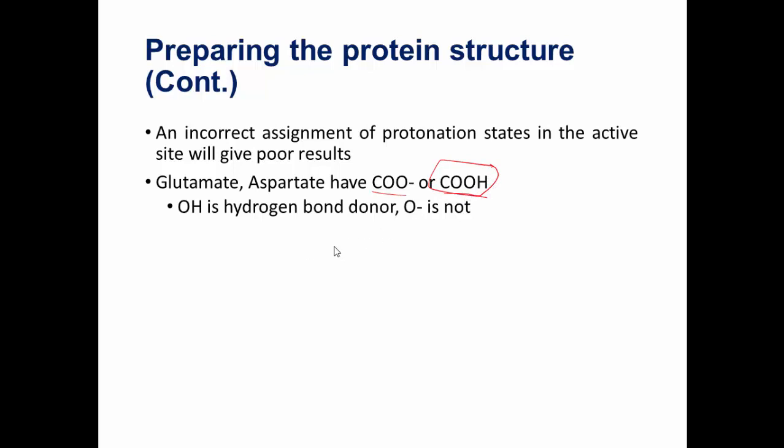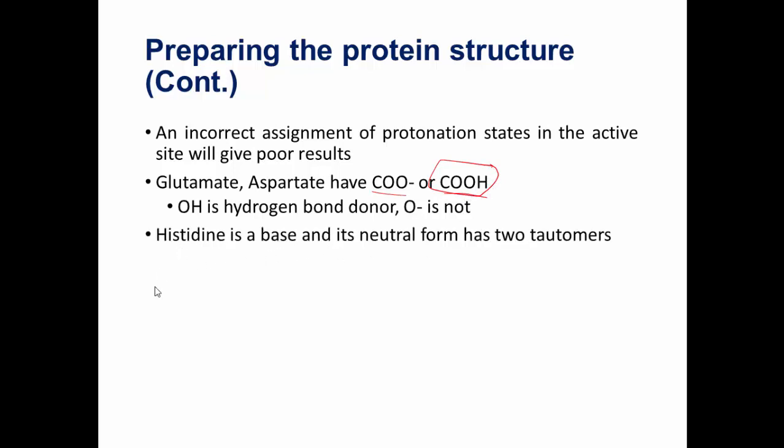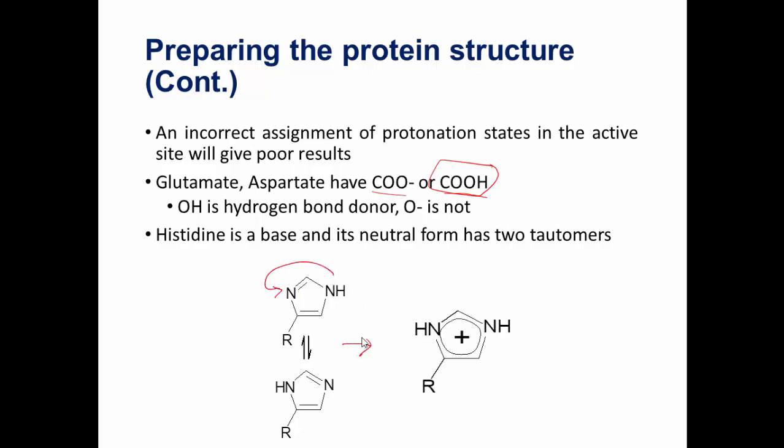Also basic amino acids such as histidine have two tautomers like this. Look at this nitrogen: this one is deprotonated and this one is protonated. This hydrogen can travel to here, which can generate this cation.